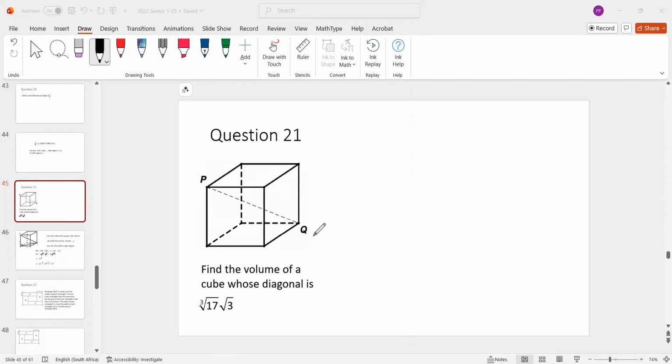Question 21 says, find the volume of a cube whose diagonal is this. You got this funny number here. I told you earlier on, if you've got funny numbers, you just give them some names. Call it A. Okay, so this is a cube. So a cube has got all the sides equal.